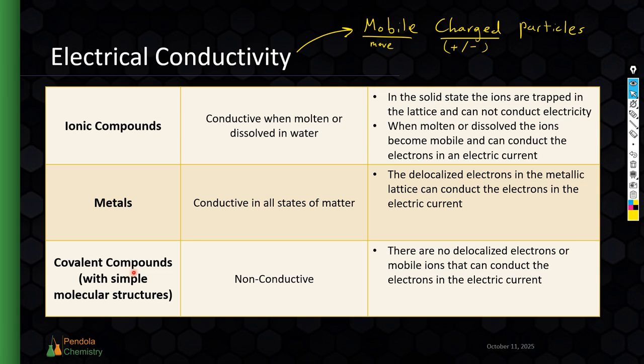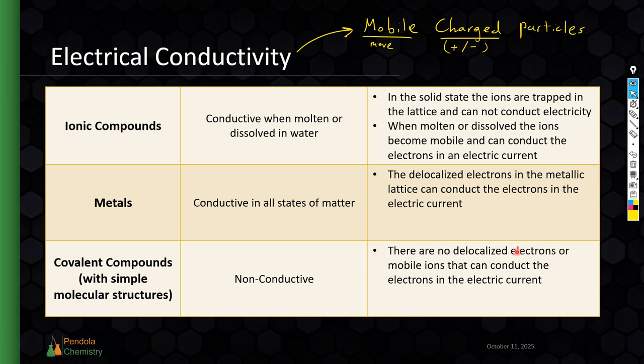Finally, it brings us to the opposite of metals, which are covalent compounds. Now, other than a few exceptions which we will discuss in chapter 5, which are not molecular structures, covalent compounds are non-conductive. They do not conduct electricity. In fact, most of them are what we call insulators. Insulators being that they prevent electricity from going through. That's because there are no mobile charged particles in covalent compounds.